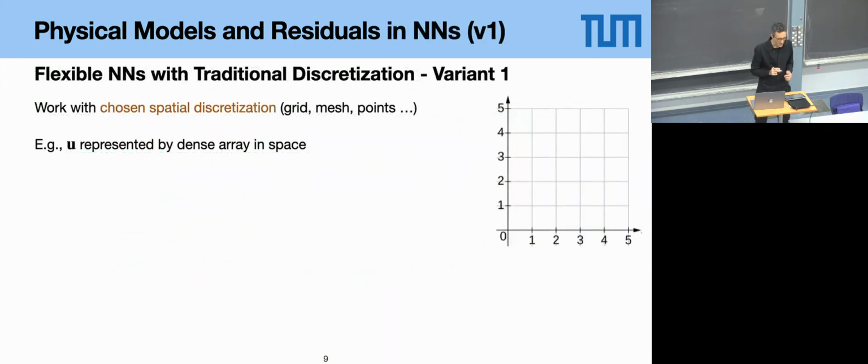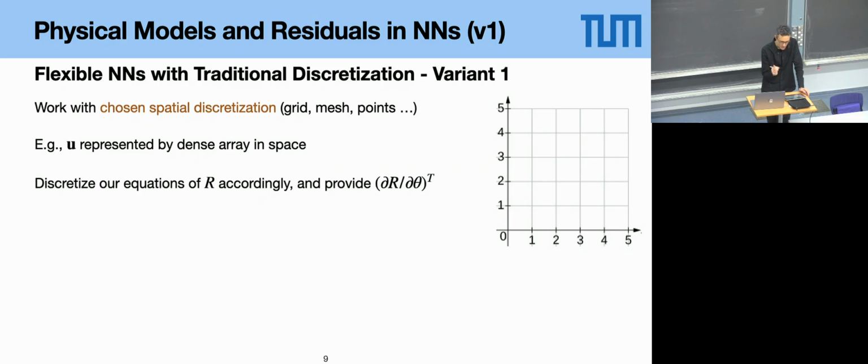All right, first example of how to put that to practice. So one variant to employ this residual-based training is to use a grid-based discretization. For simplicity, we use a regular grid as shown here on the right-hand side. So our U are basically different spatial locations where we have the solutions, a dense regular array, and now we can compute this residual R on our regular grid, right?